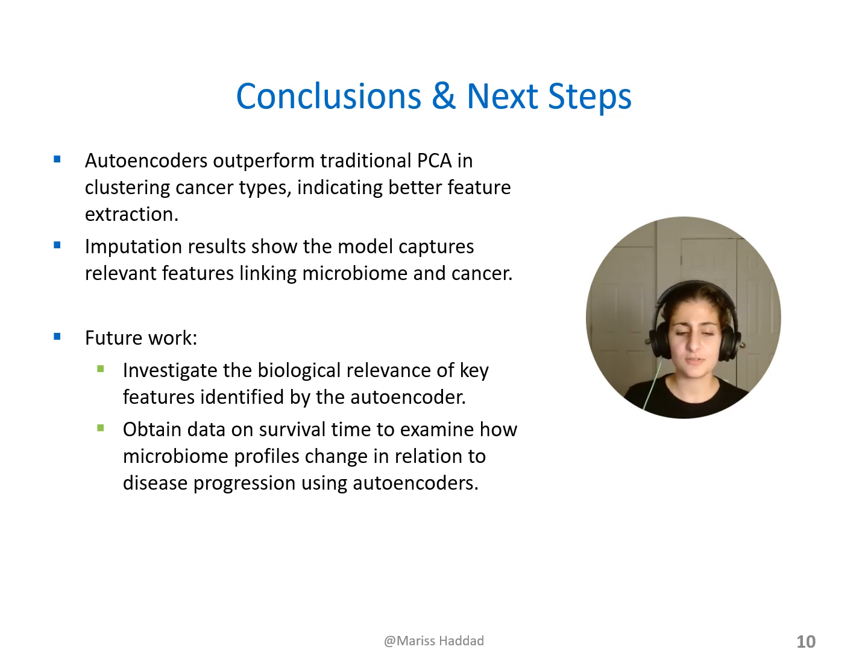I'm also interested in obtaining more data about survival time, because if the autoencoder is able to predict cancer type based on the microbiome profile with the accuracy that it's demonstrated here, which is very good, then perhaps it might also be able to predict survival time based on the microbiome environment of a cancer site. And so this would also have great clinical relevance.